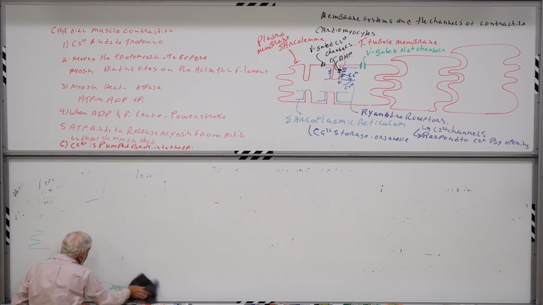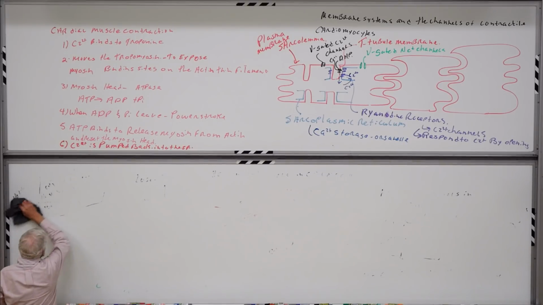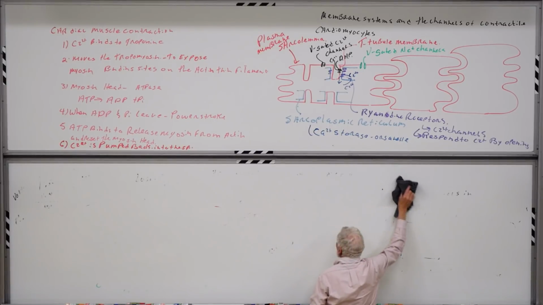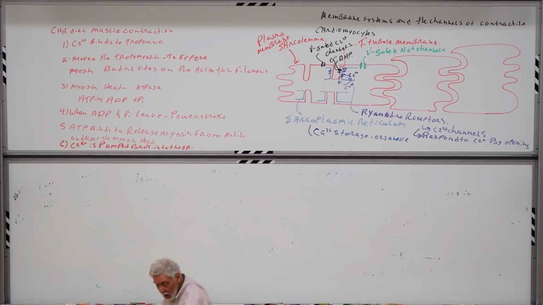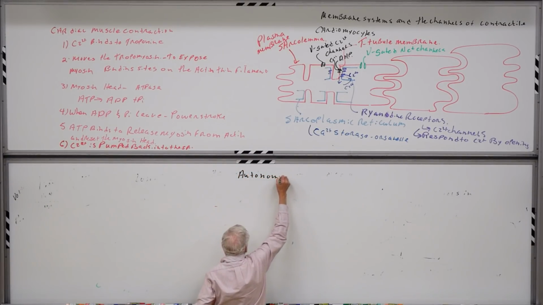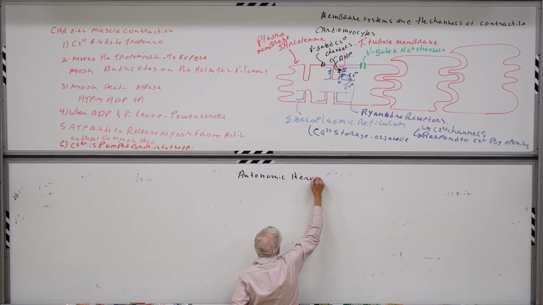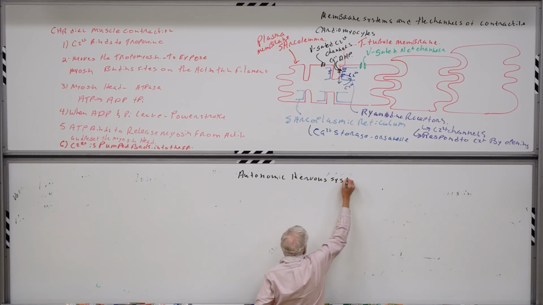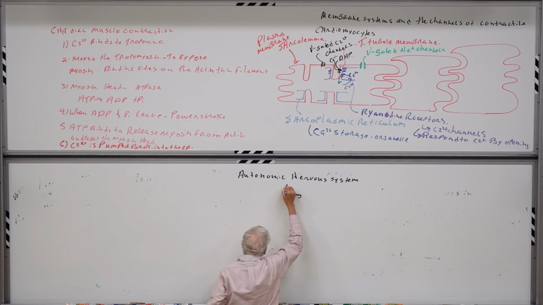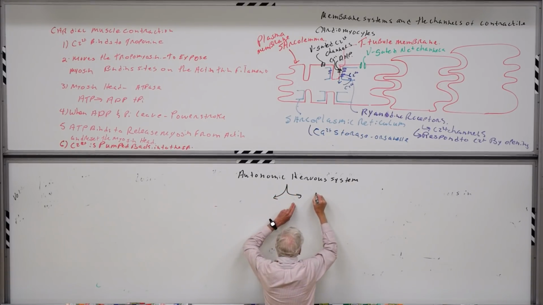But whenever we refer to the autonomic nervous system, we divide it into two branches. We divide the nervous system into these two great categories. One is said to be the sympathetic branch.